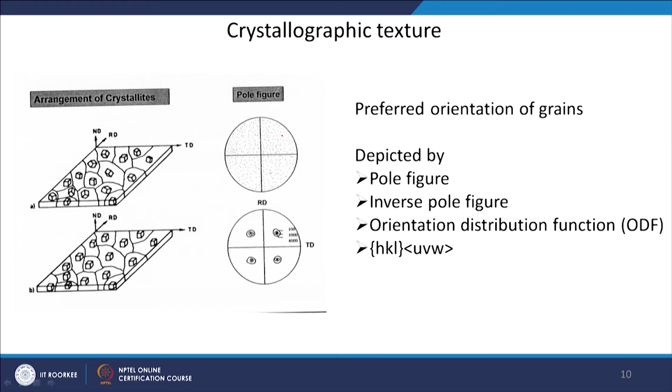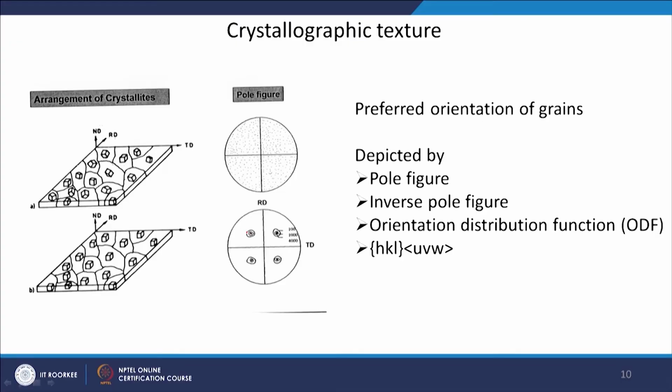They are all randomly oriented, so you will see points all over the place in this orientation space. But let us suppose now that out of 100 grains, 30 grains are oriented in a particular fashion. Then you will see that these points are now crowding at one place.